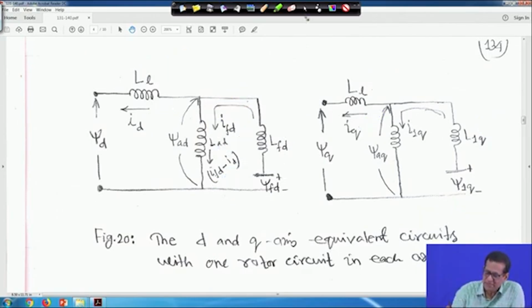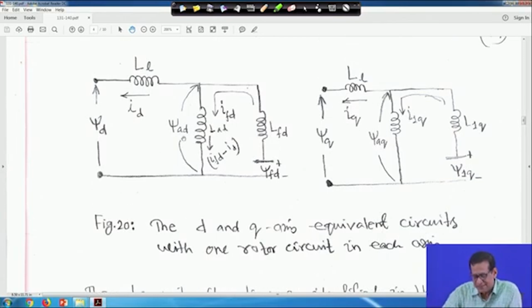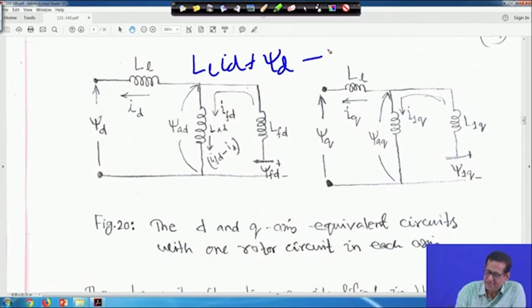From this also you can write all these equations. For example, psi AD will be LAD into IFD minus ID, and you can apply KVL also. If you apply KVL here, it will be LL ID plus psi D minus psi AD is equal to 0.